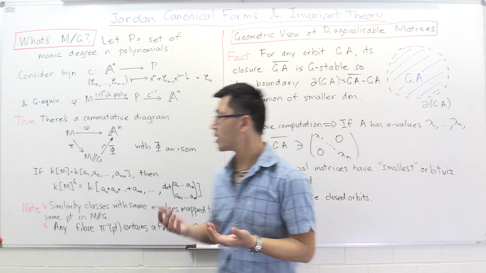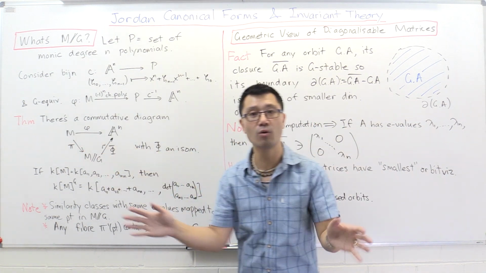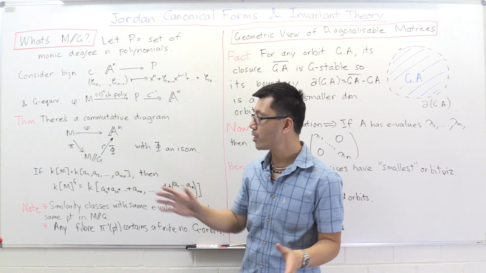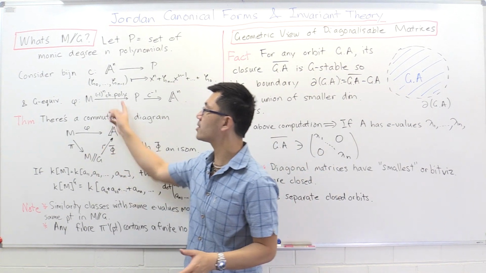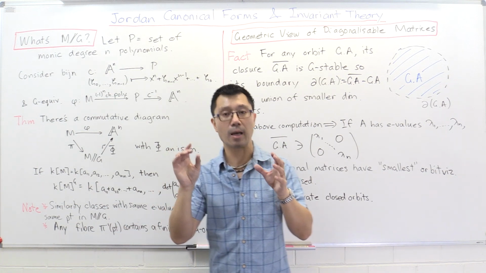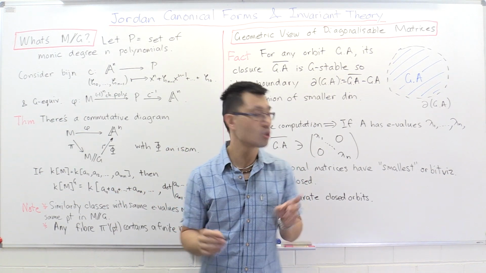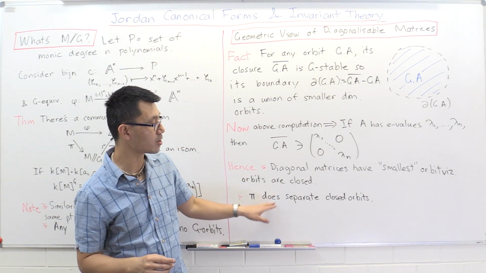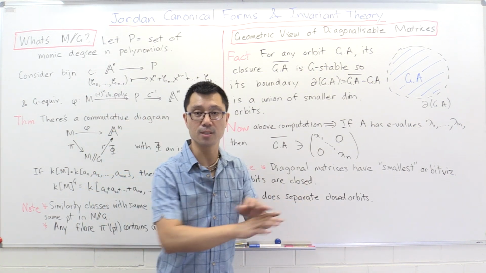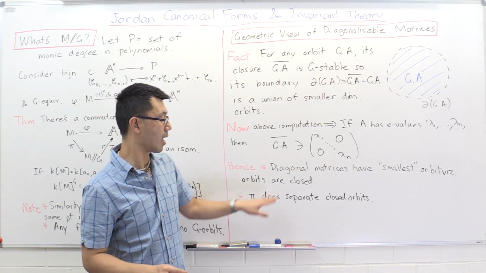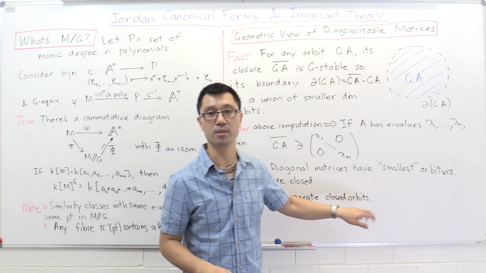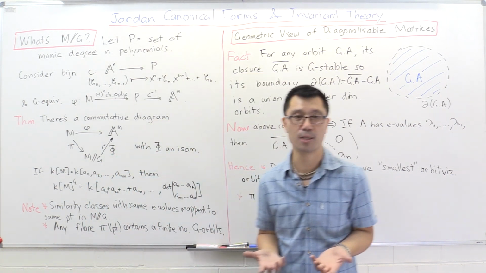So one thing that we do see is that this pi doesn't separate all the orbits. But what it does do, as you should know, is distinguish all the diagonalizable matrices, the similarity classes of those. So even though it doesn't separate all orbits, it does separate the closed orbits, the ones corresponding to diagonal matrices.